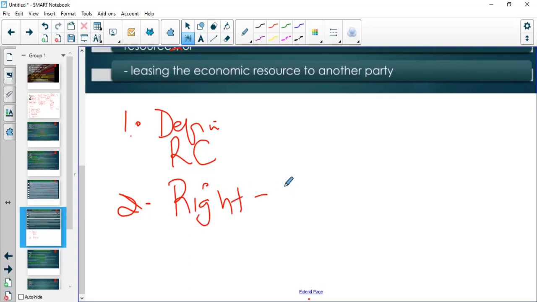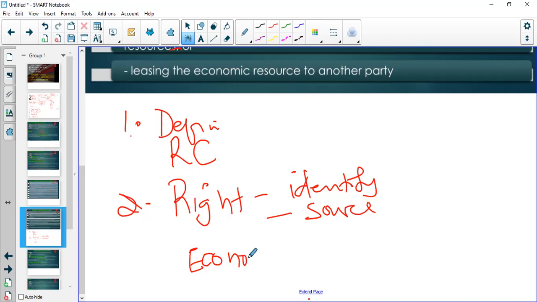You need to identify the right and its source. This is what we have agreed so far. Then you need to identify the economic benefit. So what's the benefit? I've given you examples of benefits we can identify. All right. So normally it's straightforward for you.